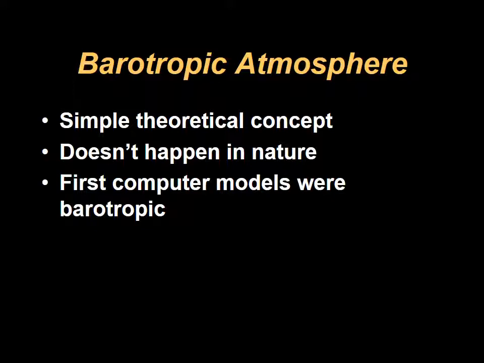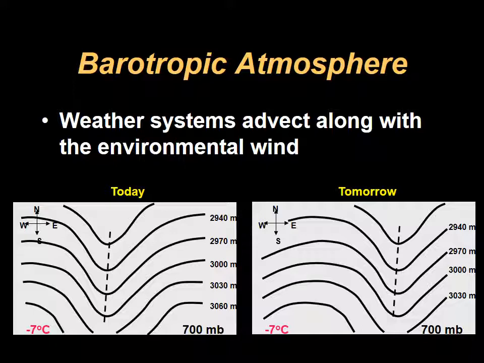Of course, we know this doesn't really happen in our atmosphere, but it made it much easier for mathematicians and atmospheric scientists to develop the first computer models. The first computer models back in the 1950s were barotropic models. So basically what happens in a barotropic atmosphere is weather systems just kind of propagate along. They don't develop, they just kind of advect along, and that's it.